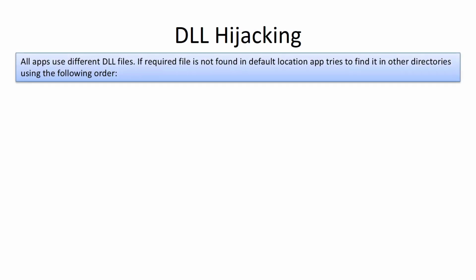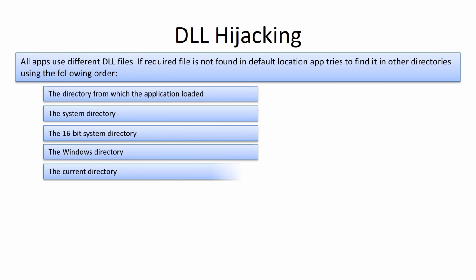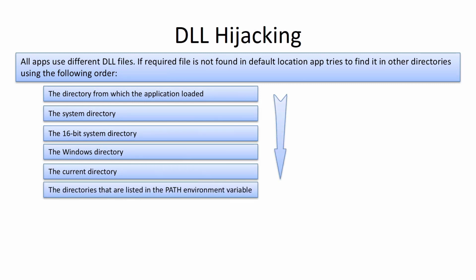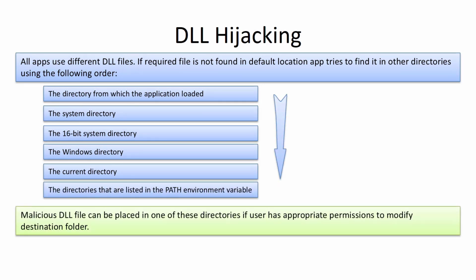Let's consider DLL hijacking. We already considered this type of attack in detail in the client-side attack section. As you know, any Windows services or applications for their normal operation can load some DLL files from a predefined location. But if the required file is not found, the process tries to find it in the following directories in the order which is depicted on the slide.